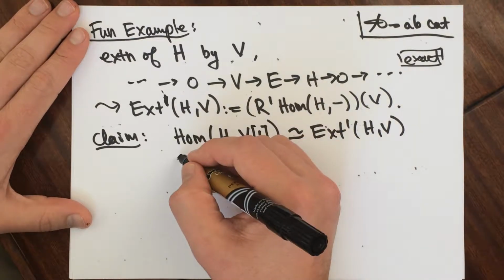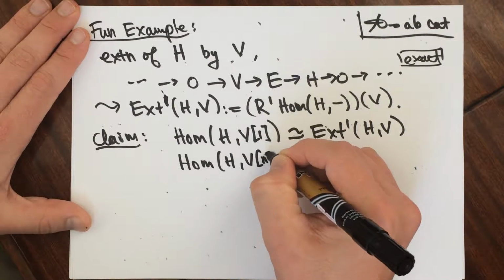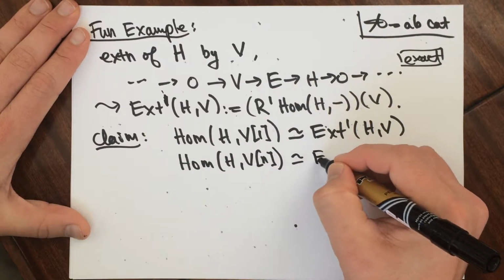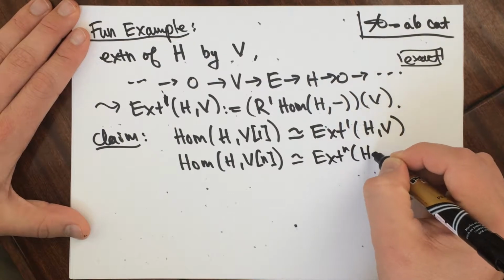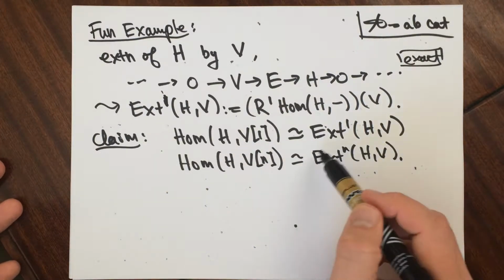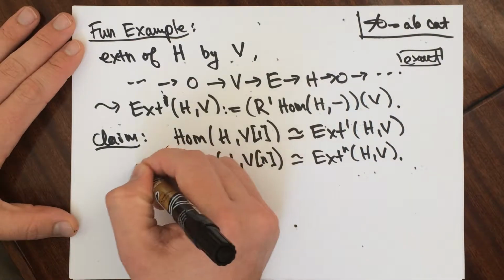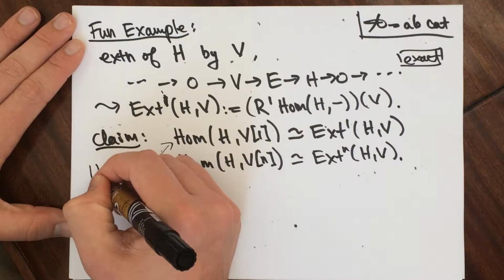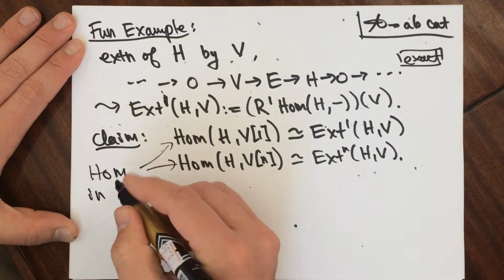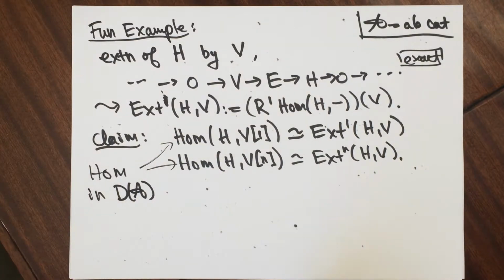And more generally, Hom from H to V[n] are going to be in correspondence with these higher Ext^n of H and V. So this is pretty cool, right? Because now we're saying that these cohomology functors are actually represented by something in the derived category. So these things are Homs, the Hom in this derived category here.